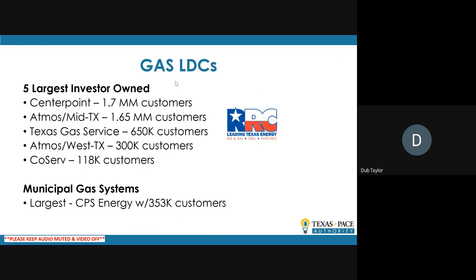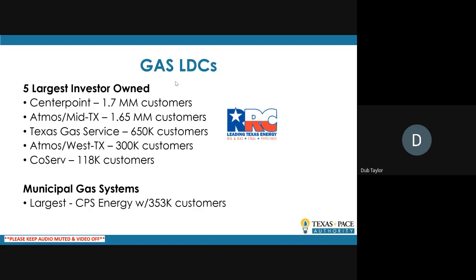With gas LDCs, you have really 5 dominant investor-owned LDCs. CenterPoint, which is the Houston area for the most part. Atmos Midtex, that's the Dallas-Fort Worth area. Texas Gas Service, which is Austin, El Paso. Atmos, which is up in the Panhandle in West Texas.